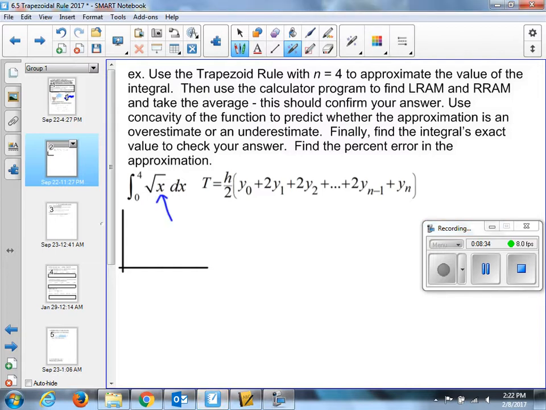I hope you do. Half of a sideways parabola, right? Starts at 0. Okay, there's my general shape. So here's 0, 4.